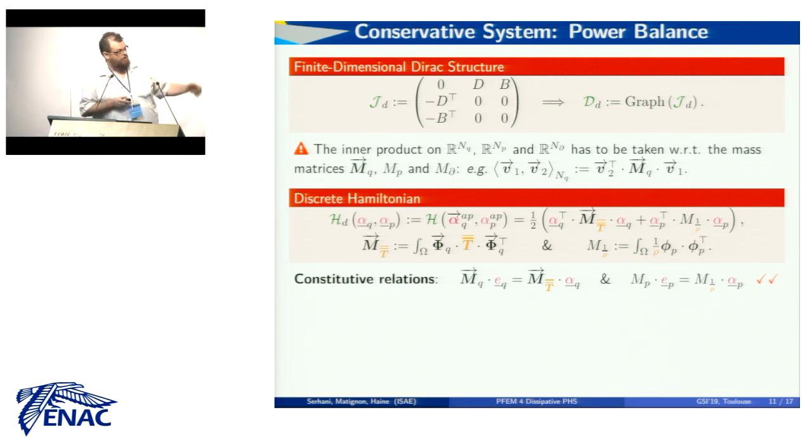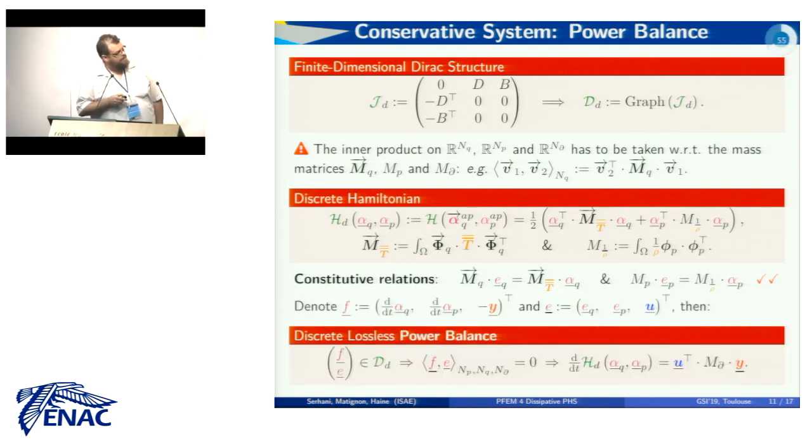You write the weak formulation, you project, you obtain this. At the end, if you have a trajectory in the discrete Dirac structure, then this scalar product with respect to the mass matrices is equal to 0, and you end up with a discrete lossless power balance. Okay, that was on the conservative system. Now, what if the system is dissipative?